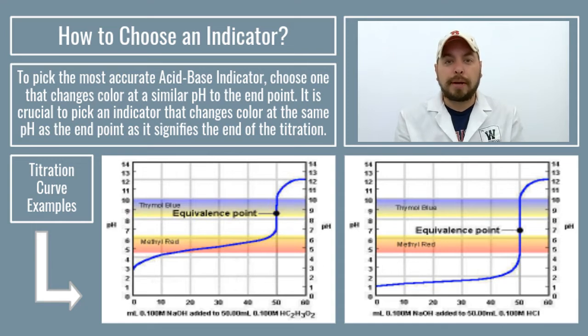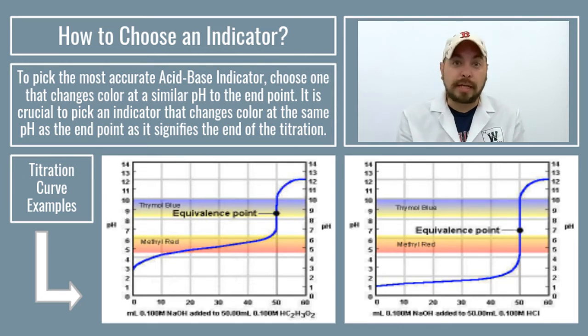Now, we want to end at the equivalence point, so we would determine which indicator to use based off the pH of that equivalence point. The equivalence point of the graph on the left is right around 8.5. As a result, we want to pick an indicator that is going to change color right around that same place.